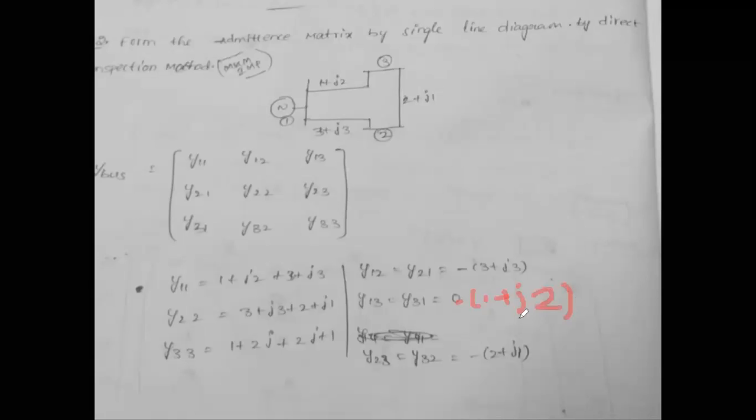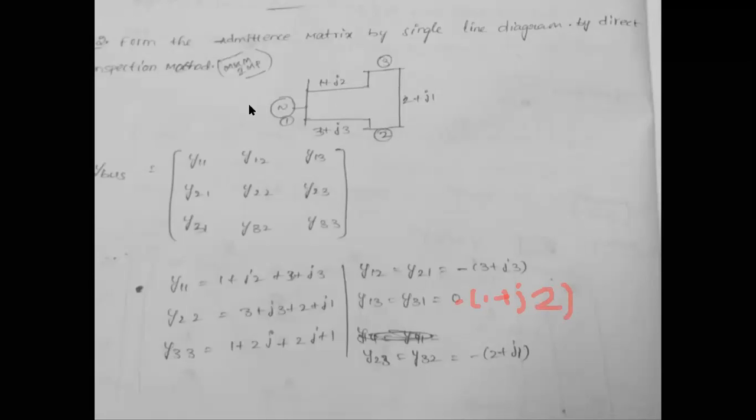Next Y23. There is a connection between 2 and 3, that is 2 plus j1.